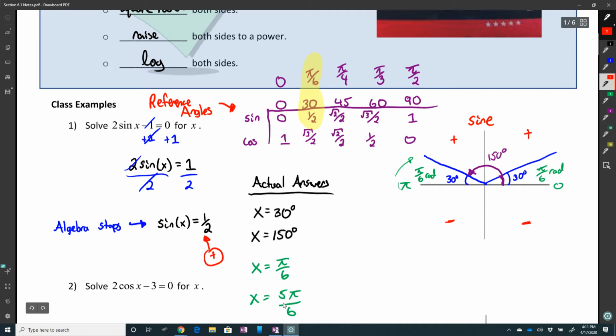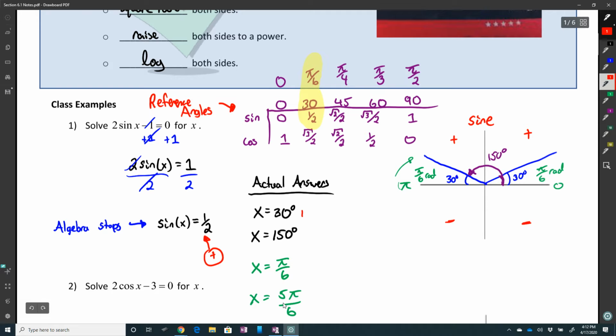But then not only that, I can go around the circle as many times as I want. So even though I have 30 degrees, I can go around another full rotation. I can go another full rotation. I can go another full rotation. So we have to add to it.